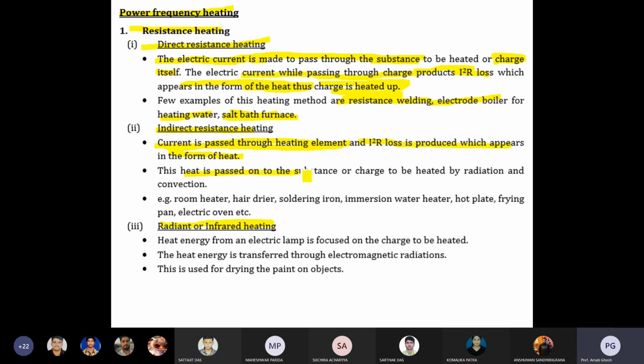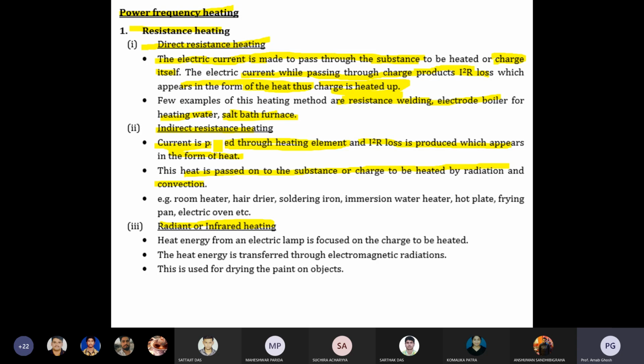This heat is passed on to the substance or charge to be heated by radiation and convection. Direct conduction is not involved. It can be heated through radiation, or through other methods like convection, but they are not directly involved with that heating.